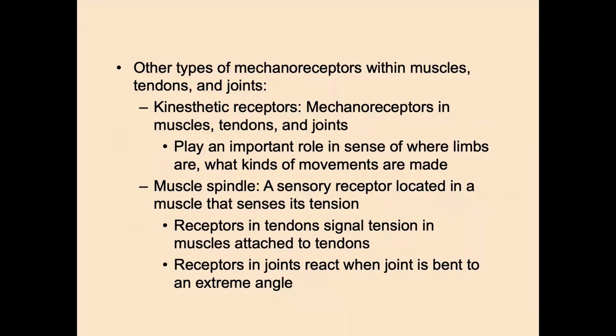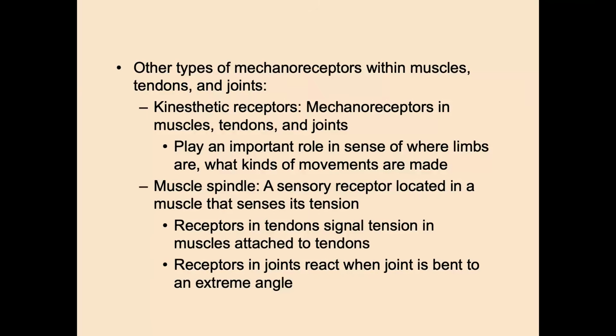Okay. So we've got the mechanoreceptors in the skin. There are those 4 main types that we talked about. But there are lots of other types of mechanoreceptors, specifically within muscles, tendons, and joints. There are kinesthetic receptors that play an important role in our sense of where our limbs are and what kinds of movements are made. That's part of what's called proprioception. There are receptors in muscle spindles that sense the tension in the muscle.